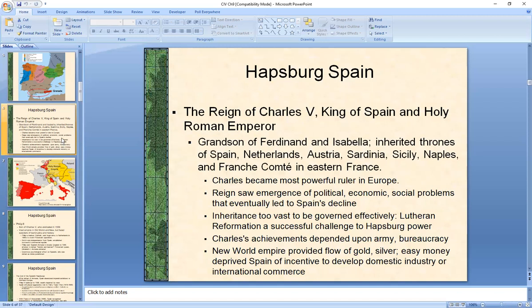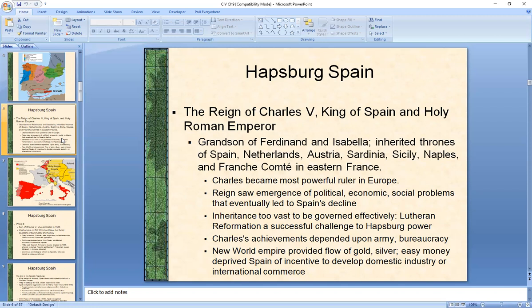Plus, remember, there was no economic system set up by his grandparents. So they had this vast territory and they're not really managing it efficiently in terms of the economy.